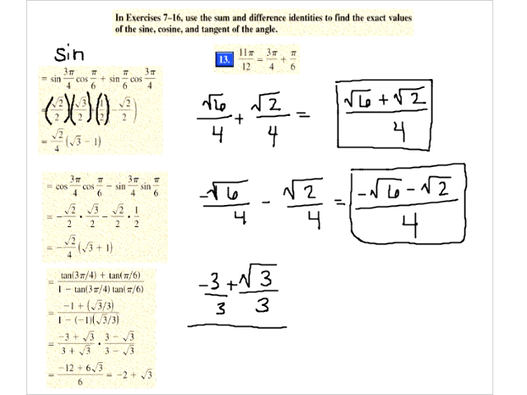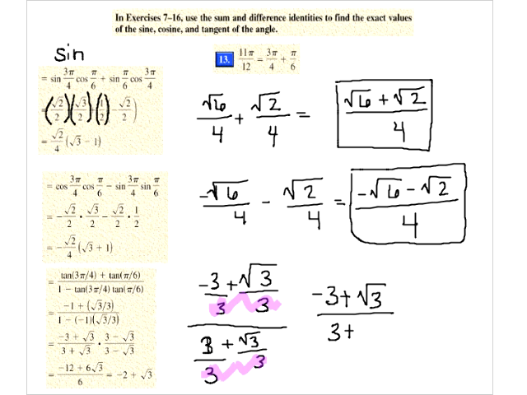And in the denominator, it's very similar, only it's a positive 1 to begin with. Since all the denominators are 3, those drop out. So I'm left with negative 3 plus square root 3, all over 3 plus square root 3.